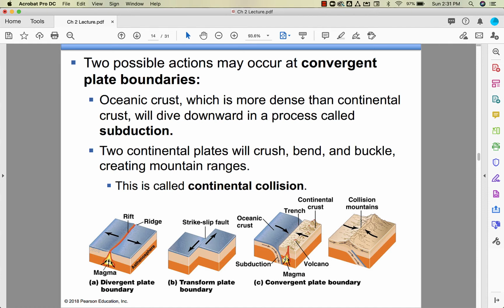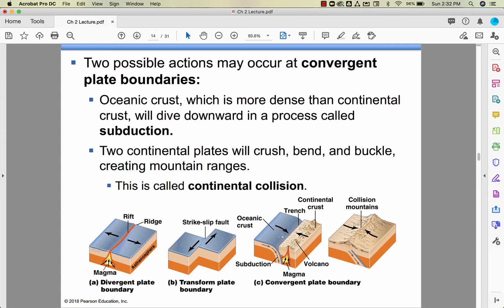And if this is oceanic crust, it's going to pop through the oceanic crust, creating volcanic islands, like Japan, like the Philippines, like New Zealand, like the Aleutian Islands in Alaska. Not like Hawaii. And we're going to talk about Hawaii, so don't worry. So you get a volcanic island arc in that case when two pieces of oceanic crust come together.